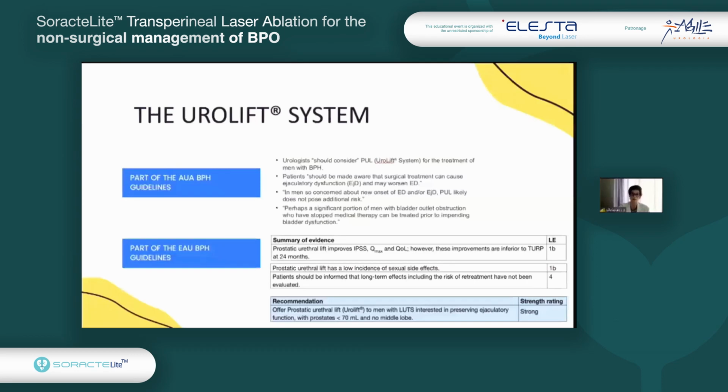The EAU guidelines say that no median lobe should be present, but I want to tell you that you can perform Urolift even if there's a median lobe, though you have to be a little bit skilled, and the median lobe must not be completely obstructing, because otherwise it will be difficult to treat.